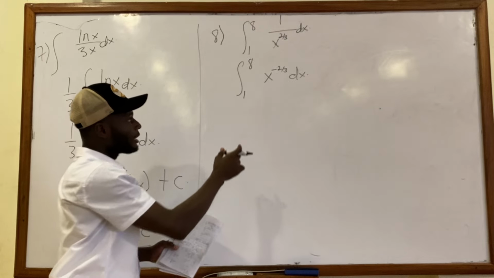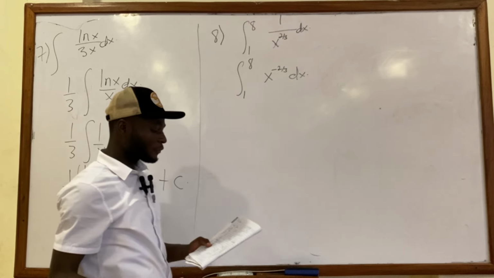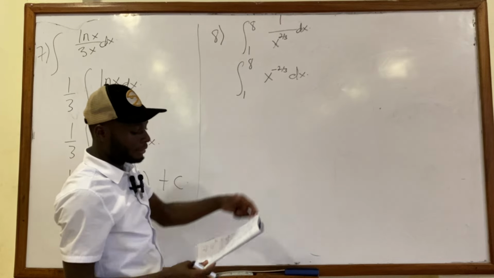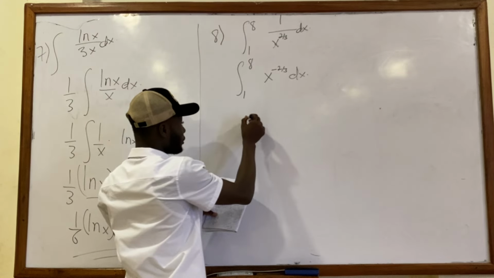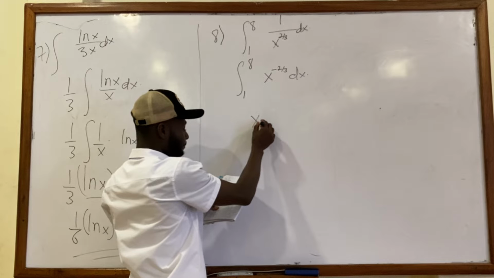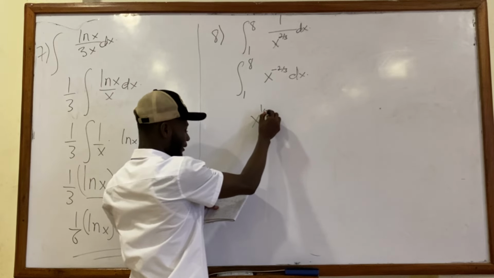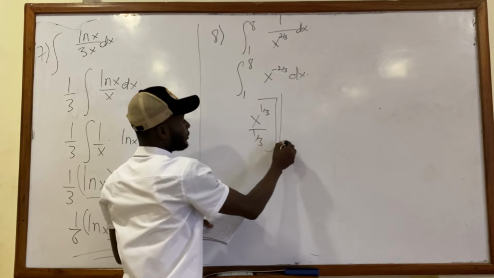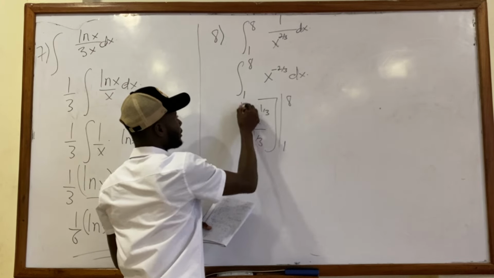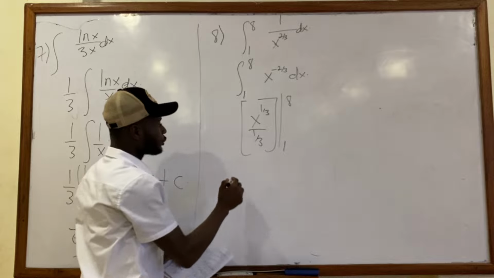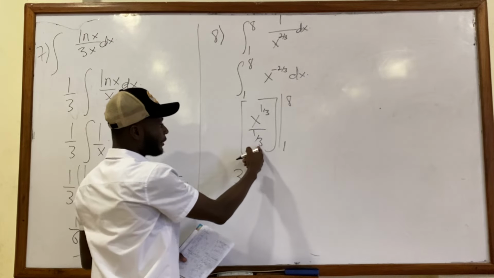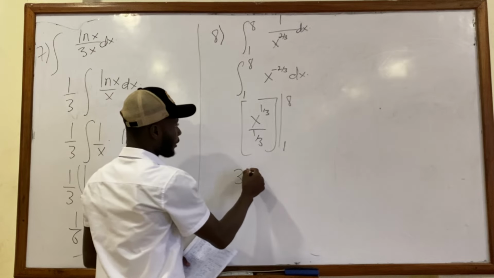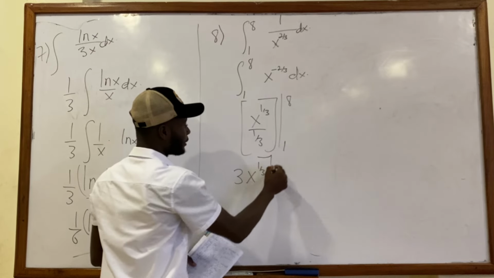So when you change this, we have this. When you integrate this particular x power minus 2 over 3, we are going to have x power 1 over 3 all over 1 over 3, from 1 to 8. Good. So here we can say that 3 goes up, right? We reciprocate it. And we have 3 x power 1 over 3, from 1 to 8.